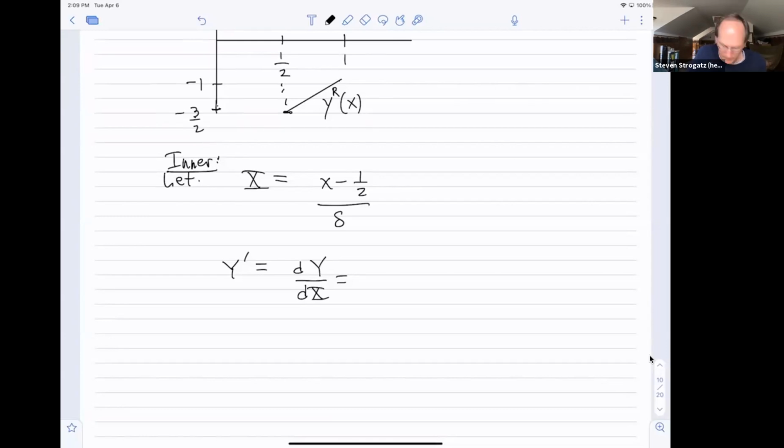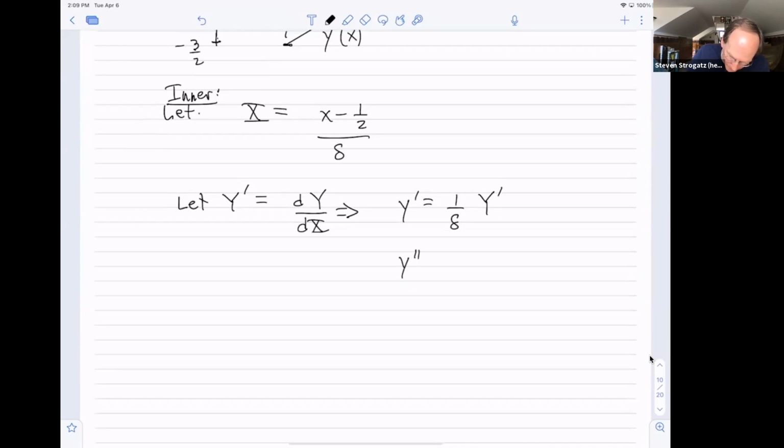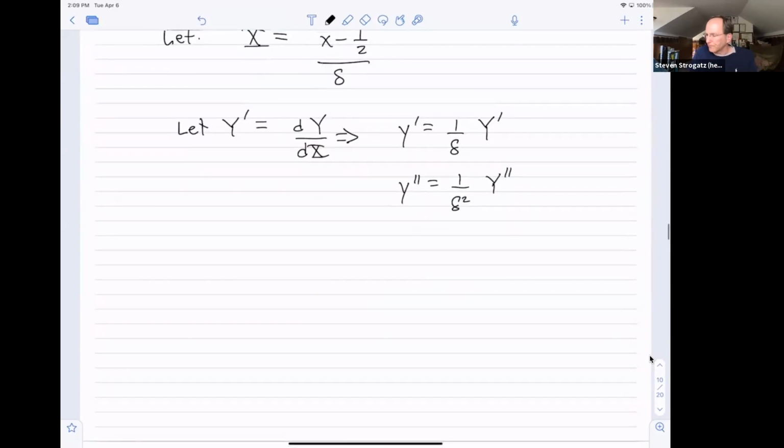So this would say that Y prime, with respect to its argument, little x, is 1 over delta Y prime with respect to its argument. So Y double prime will be 1 over delta squared, Y double prime.